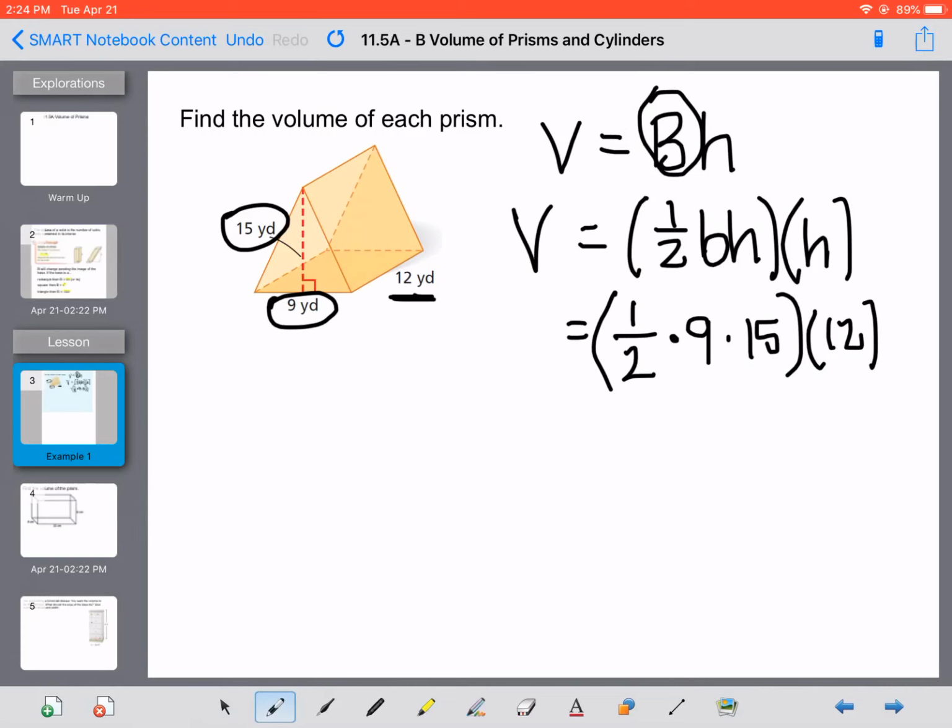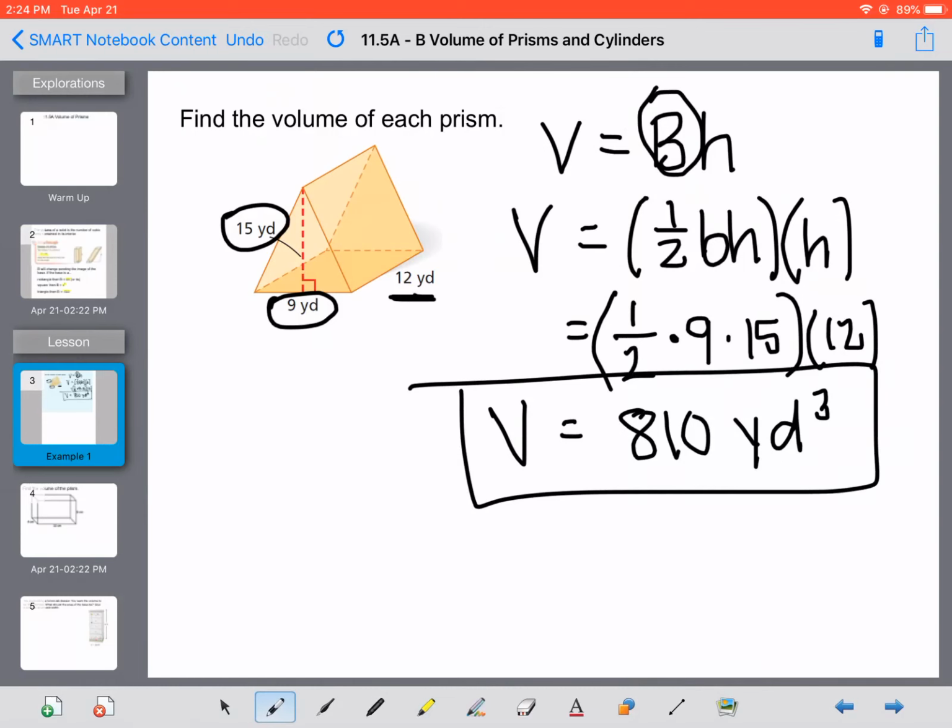So the 12 is the height of the image. When we multiply those together, we end up getting 810 yards cubed. Make sure you don't forget your units. Your units are very important when you're talking about volume.